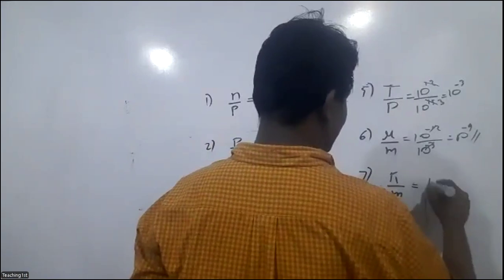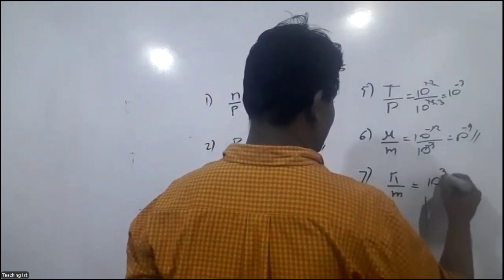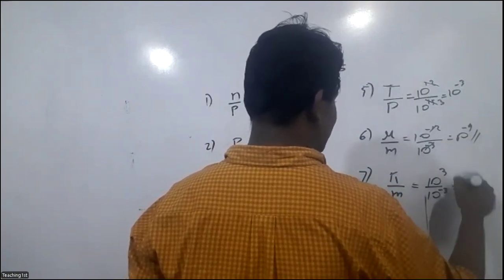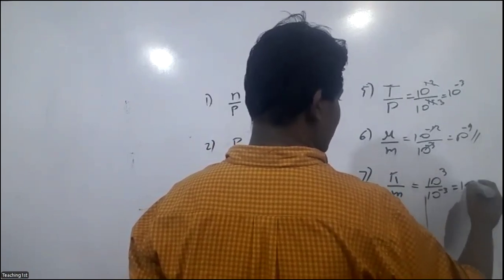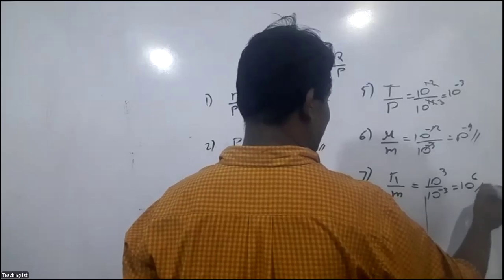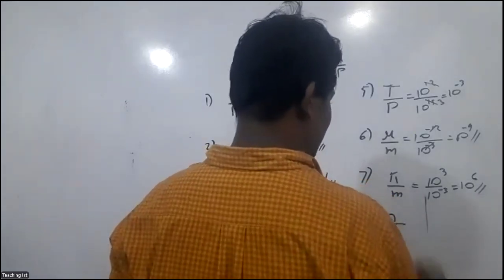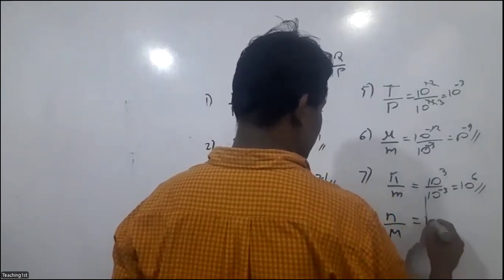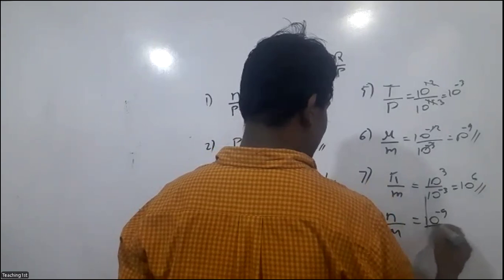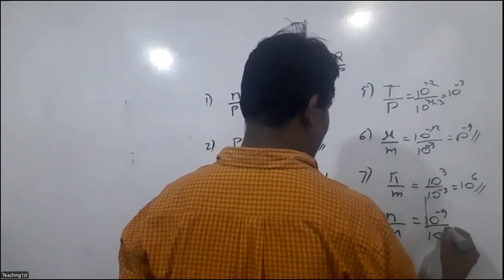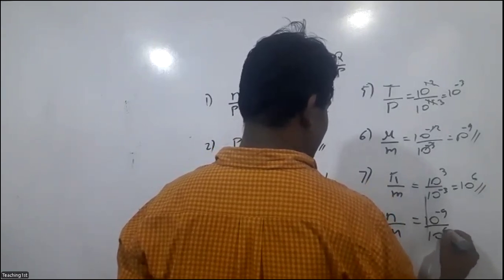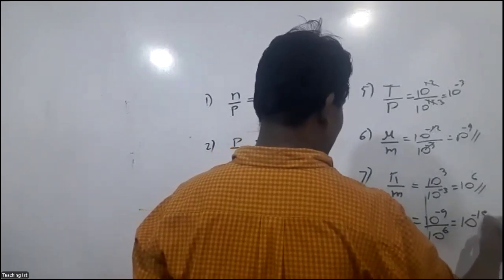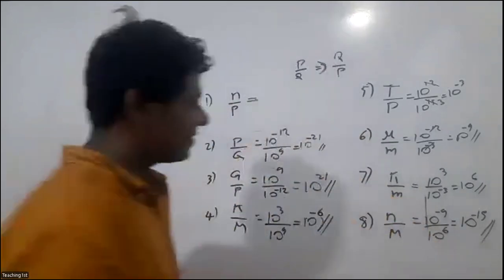So here 10 to the power positive 3 divided by 10 to the power negative 3, so it is going to be 10 to the power 6. And the next one, 10 to the power minus 9 divided by 10 to the power 6, 10 to the power minus 15. Did you get all 7 answers correctly?